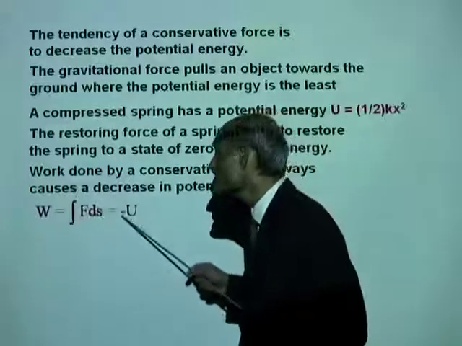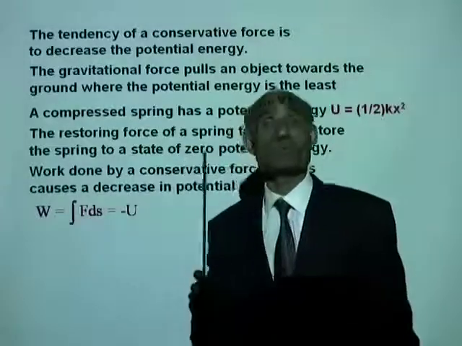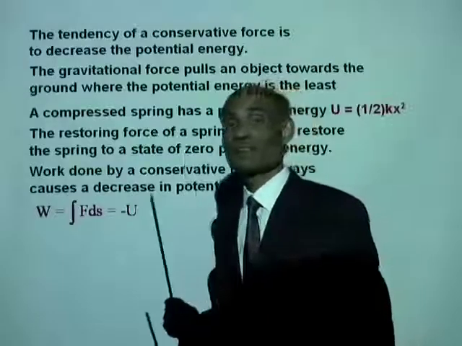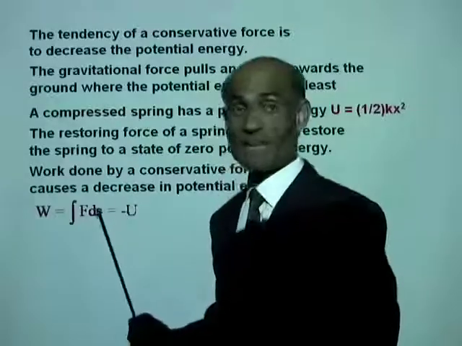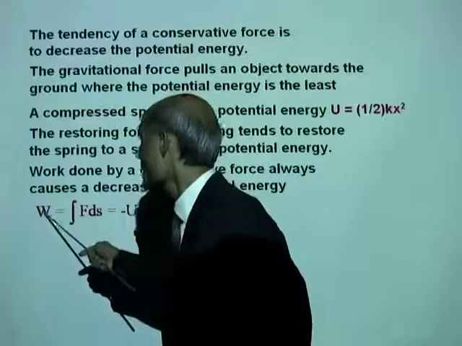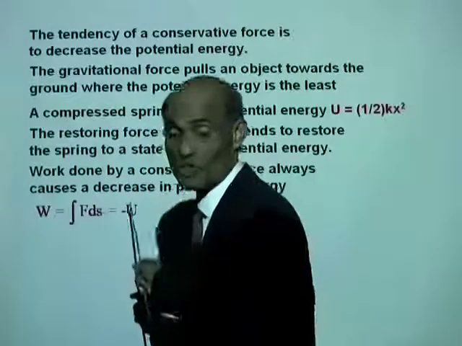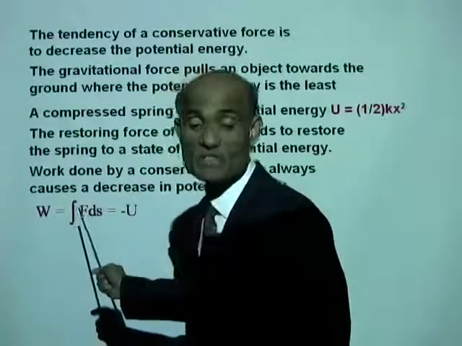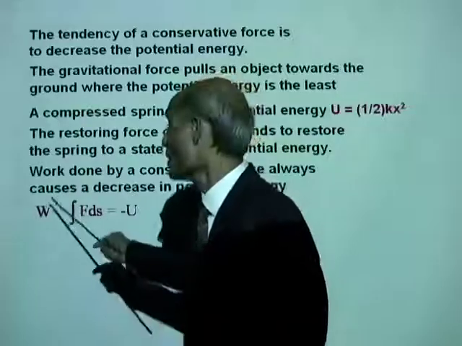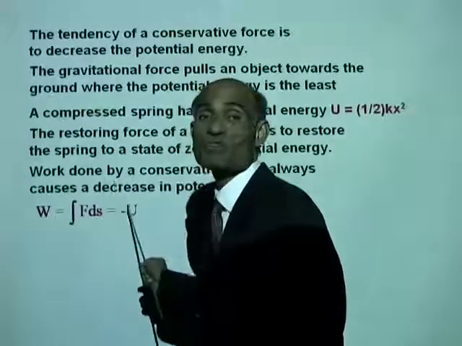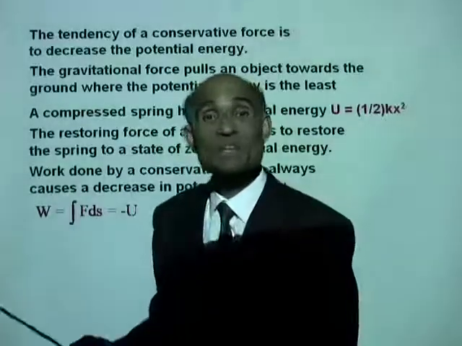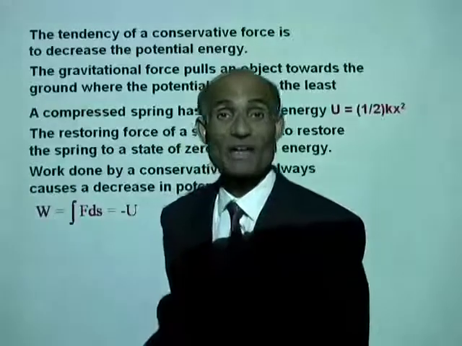W equals negative delta U. Well, does that make sense? Yes, the work done by a conservative force always decreases the potential energy. Work done by a conservative force equals the negative of the change in potential energy.